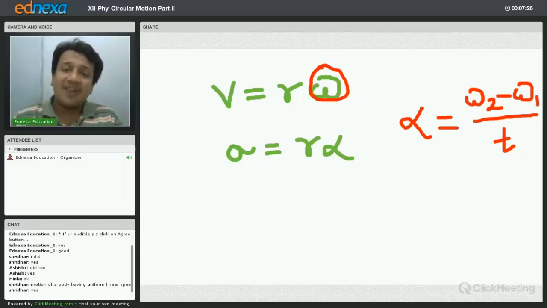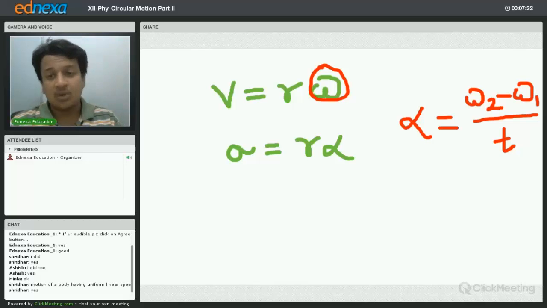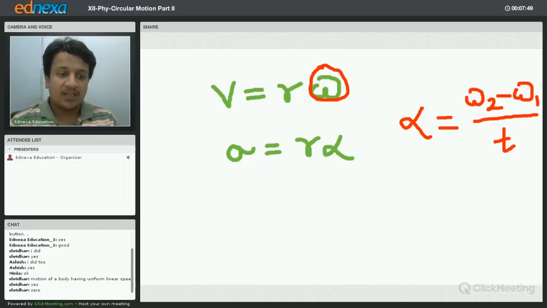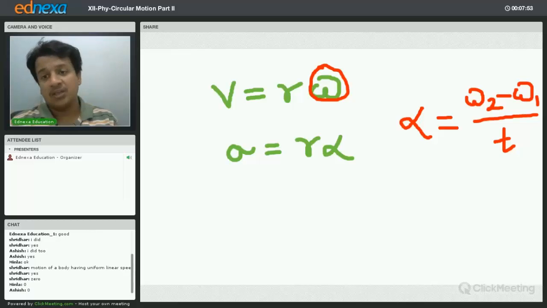So what will be the value of alpha? Because what is alpha? Change in angular velocity upon time. Yes, very good, Sridhar. He typed 0. Minal also typed 0. So alpha is 0. Alpha means angular acceleration is 0.